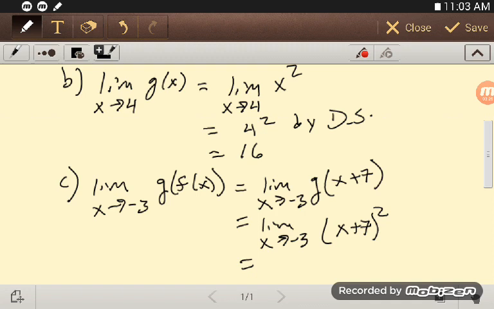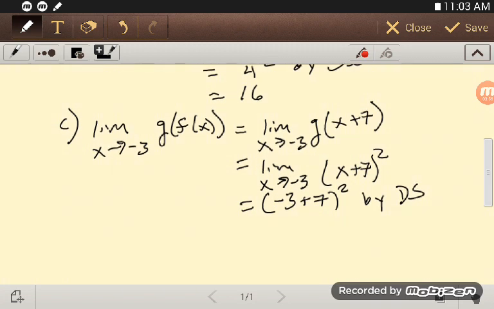And so this is, they're just having us do A and B up there, this is -3 plus 7 squared by direct substitution, which is equal to 4 squared, or 16.